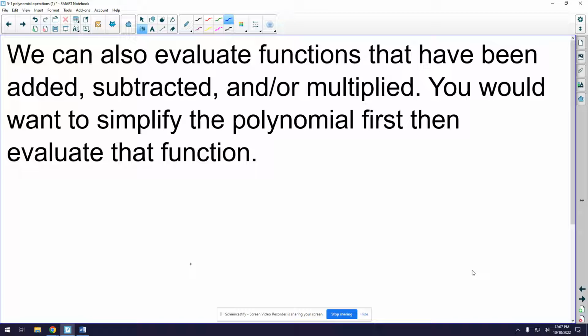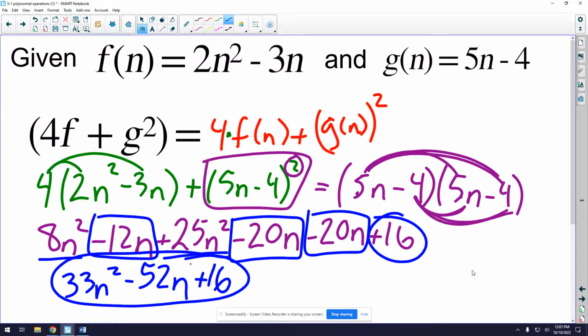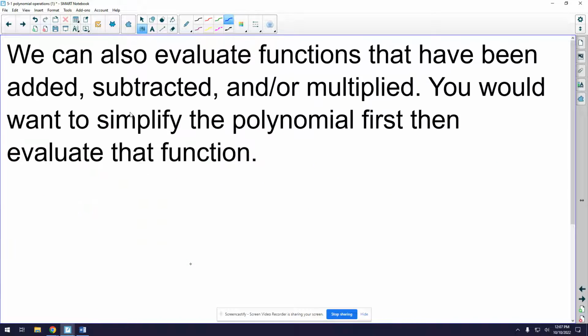All right, and then the last part we're going to talk about is how you can also evaluate functions once you have addition, subtraction, or multiplication, similar to how we would evaluate a normal function, but you're going to do your simplification first. You would do whatever you need to simplify this, and then you can evaluate. So first, let's just recall how to evaluate a function.